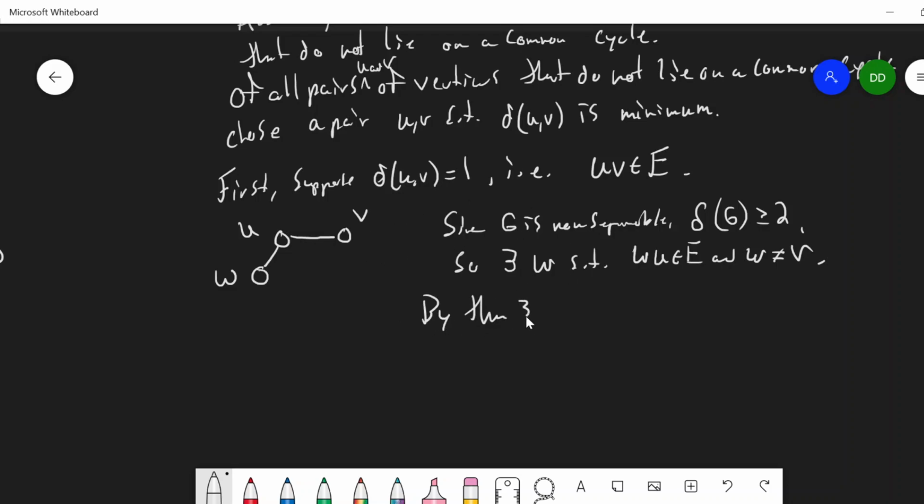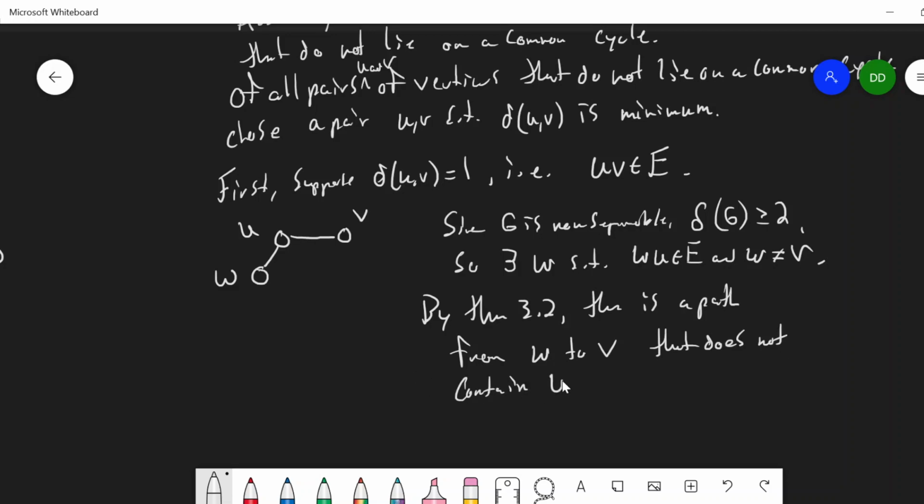By Theorem 3.2, since G does not contain any cut vertices, in particular since U is not a cut vertex, we can say there is a path from W to V that does not contain U. So I have some path now that does not contain U that goes from W to V. And there's my cycle.